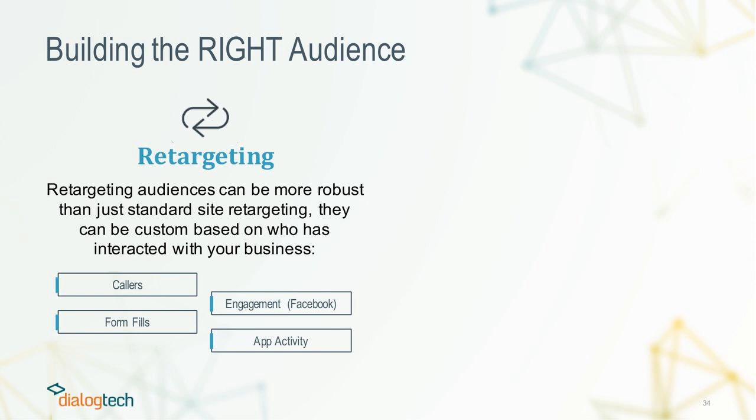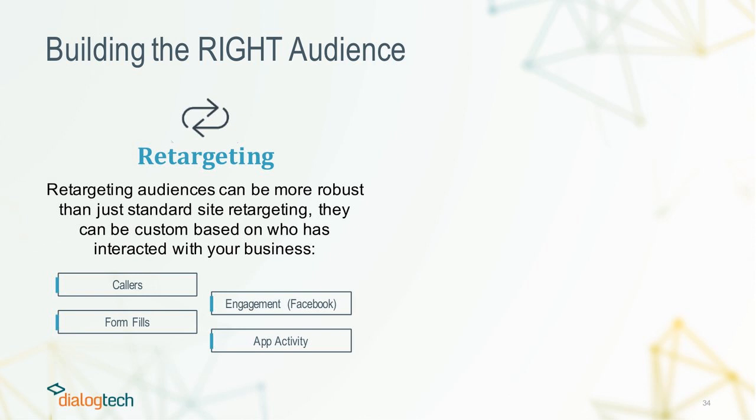A lot of us are very familiar with retargeting, but a lot of us are also only familiar with just site retargeting. Somebody hits a specific page on your website, you retarget them with similar creative. It's so much more robust than just standard site retargeting. Facebook is great because you can custom base your audiences for people who have interacted with your business. If they've called your business, if they had a specific conversation with one of your sales team, you can build all of these different audiences that are very, very personal.